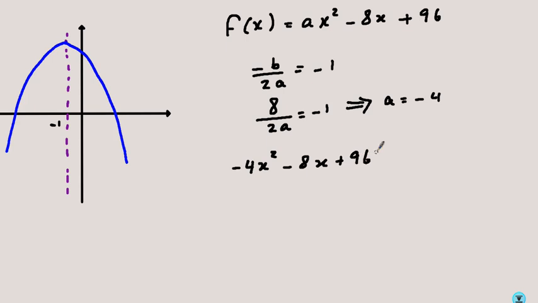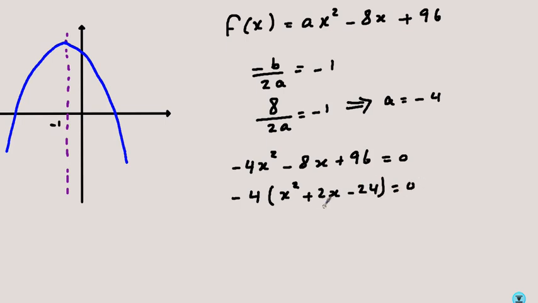And in order to find the two roots, you set it equal to 0. You take a -4 as a common factor, leaving you with x squared plus 2x minus 24 equals 0.